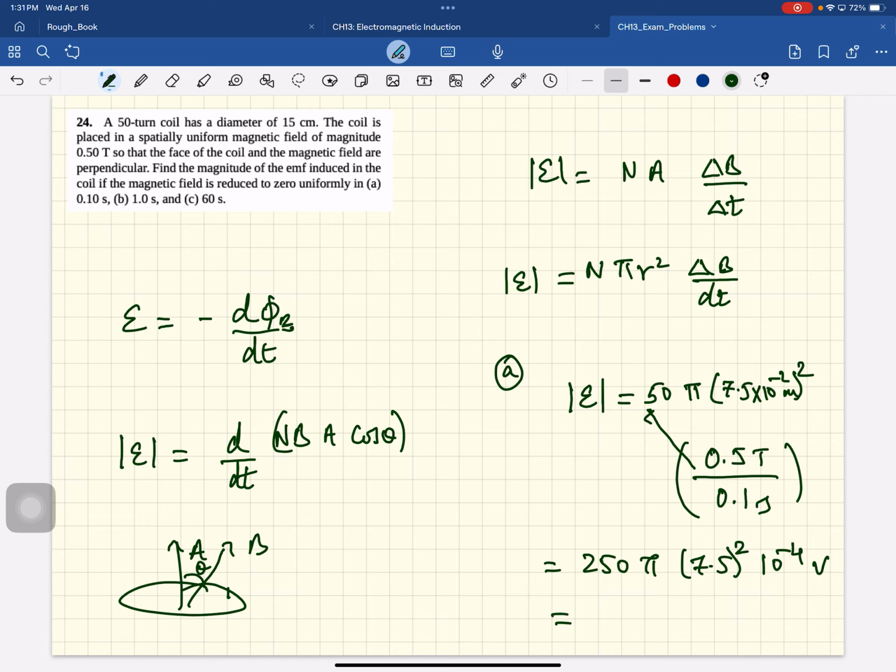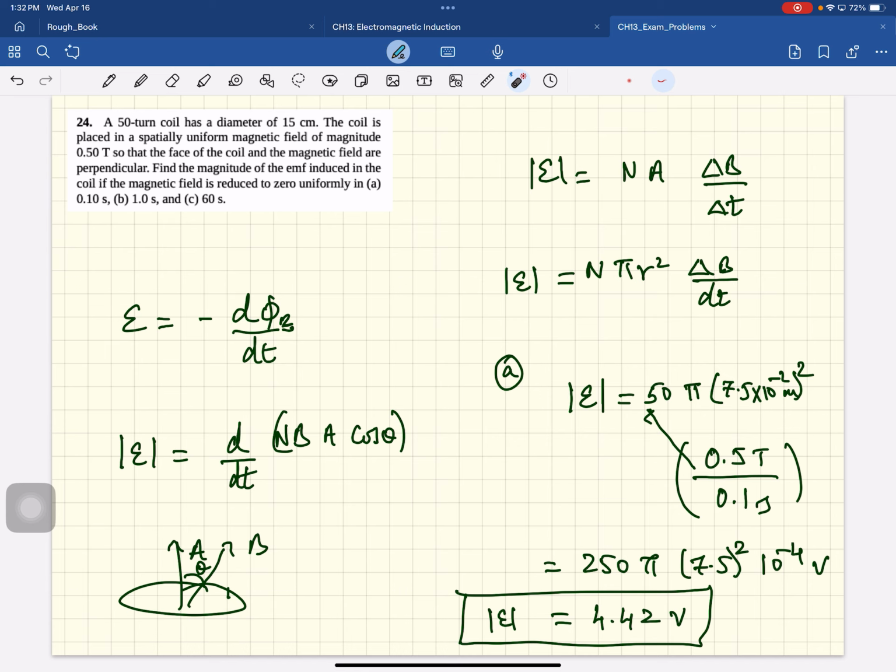So the induced EMF is 4.42 volts. And of course, if you quench it in 1 second, it'll be 0.44 volts and so on.